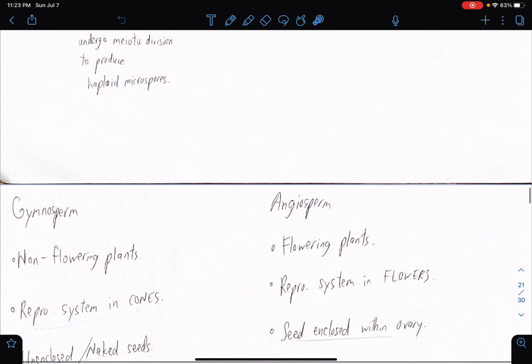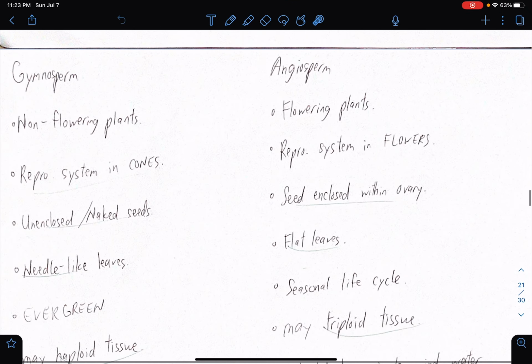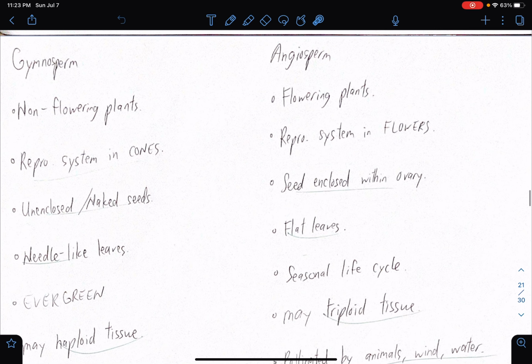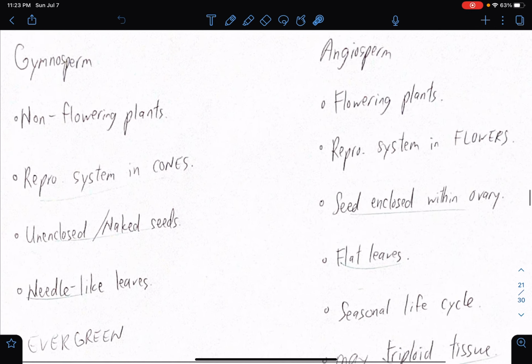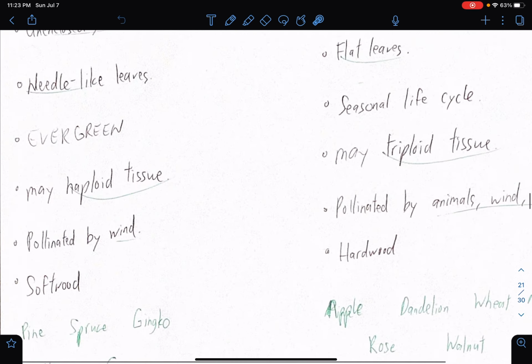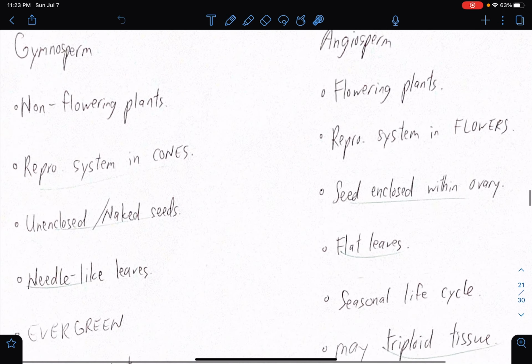Okay, so more on the gymnosperm and angiosperm. How do we differentiate the two? These are summarized points. First, gymnosperms are non-flowering plants. Angiosperms are flowering. Gymnosperms have a reproductive system in cones, but angiosperms have it in flowers.